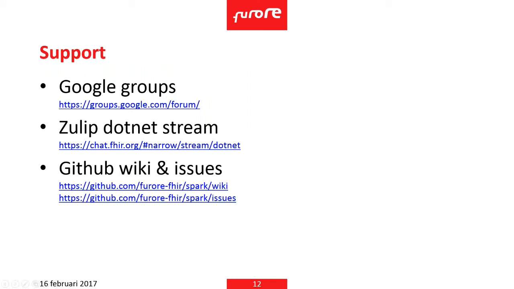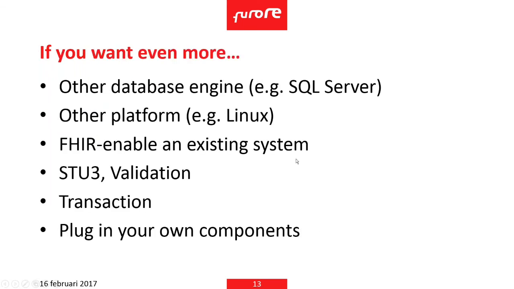There's a Google group for Fire.net. There's a Zulip chat channel for the whole of FHIR, and there's also a specific stream on .NET. And of course, if you want to know how Spark works, you can start with the wiki, which is also on GitHub, and you can make issues if you find anything wrong.